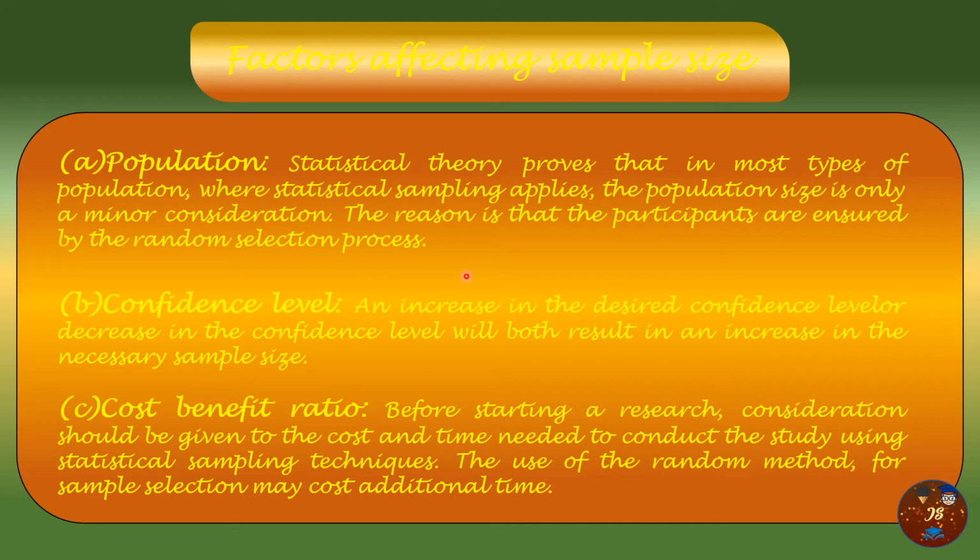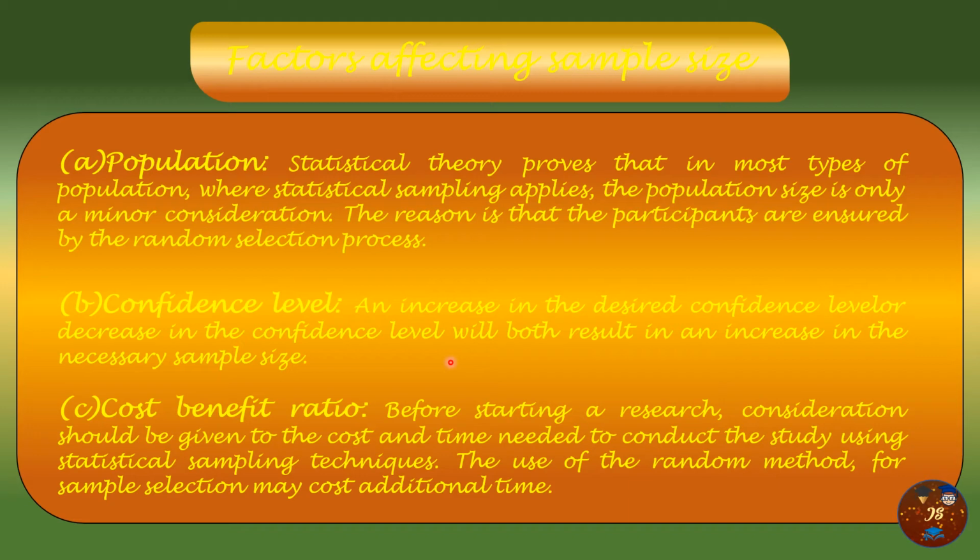Now, the confidence level is also a very important one. An increase or a decrease in the desired confidence level, both will increase the sample size. Next, the cost benefit ratio. Before starting a research, consideration should be given to the cost and the time needed to conduct the study using statistical sampling techniques. In each and every research some costs are involved.